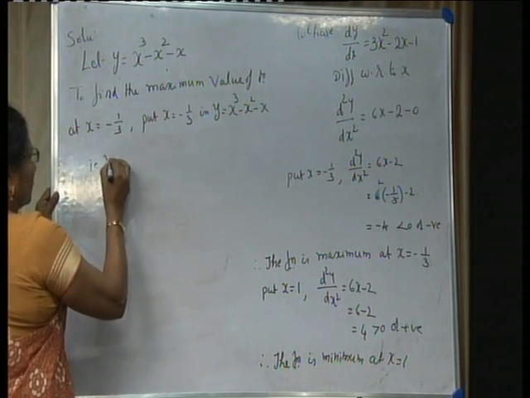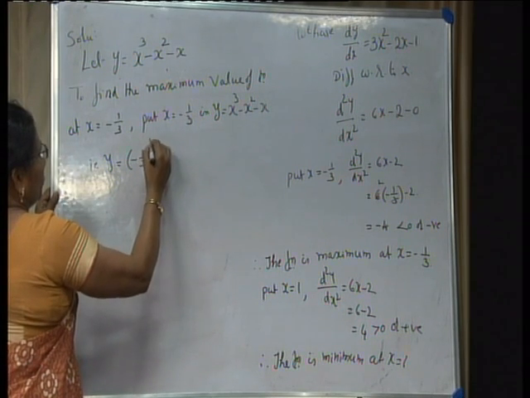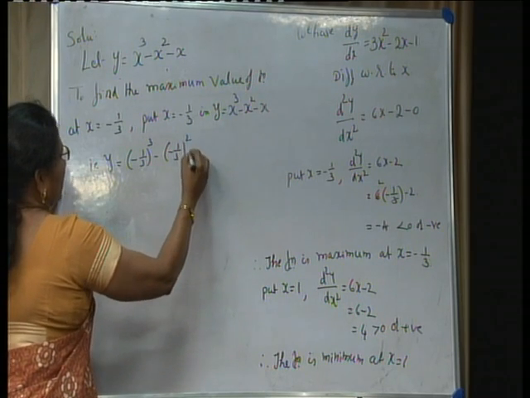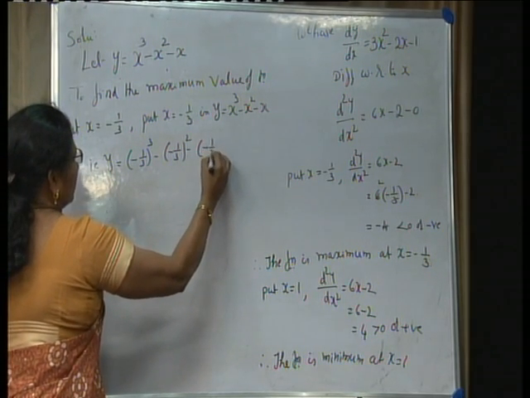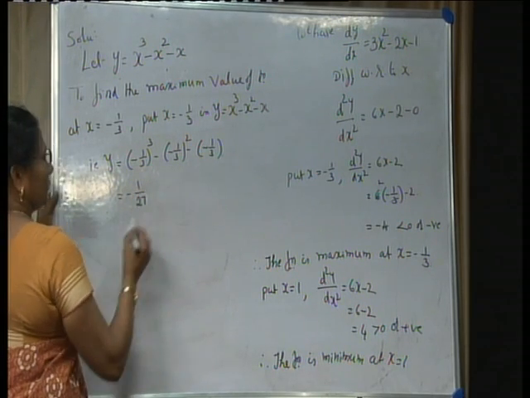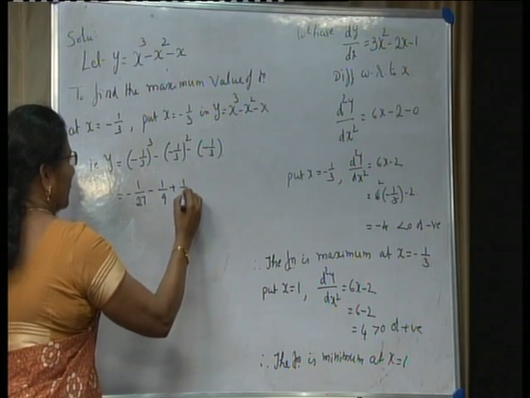That is y is equal to minus 1 by 3 whole cube minus 1 by 3 whole squared minus 1 by 27 minus 1 by 9 plus 1 by 3.